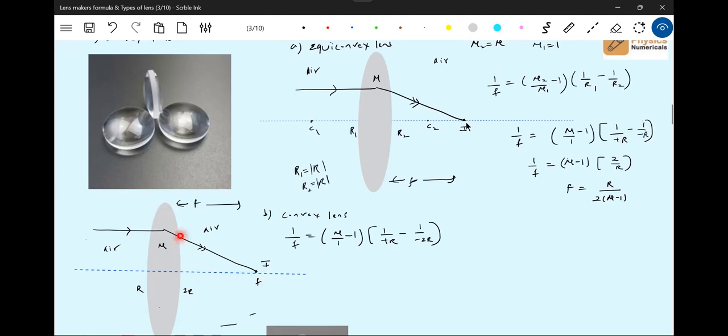Then the emergent ray will come from the second surface, that has to be taken as R2. Why negative sign? Because the center of curvature of this 2R surface will be here. So you measure this as 2R, whereas this is R. And how do you measure R? In the direction of the incident ray. 2R is opposite to the incident ray.